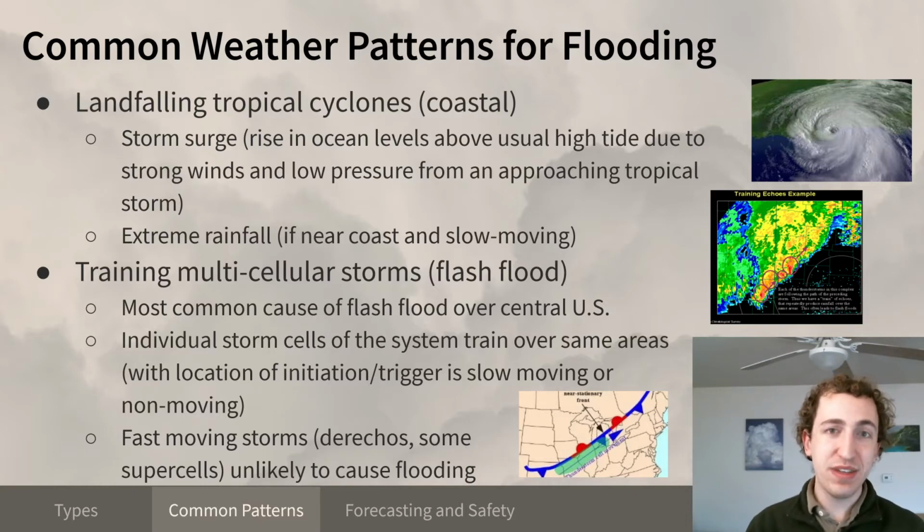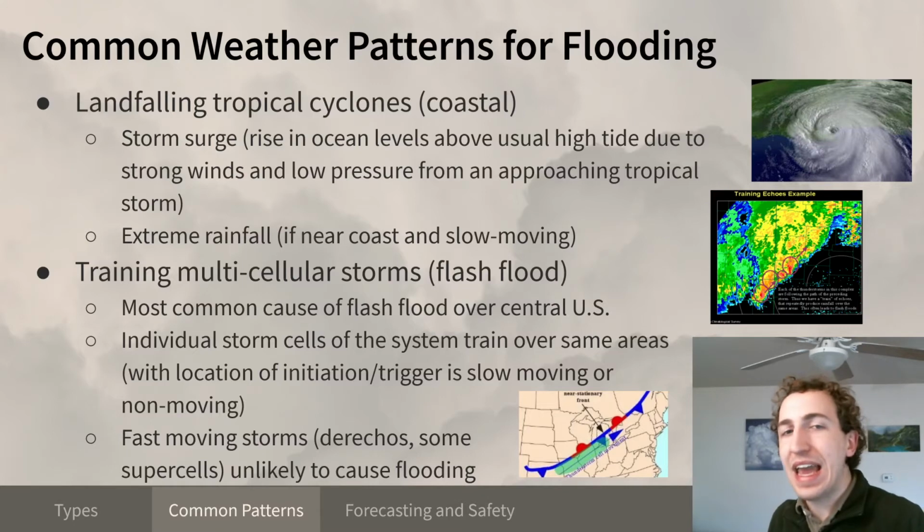When the thunderstorm systems are moving quickly, so a derecho is our example of that, and a lot of supercells tend to move quickly, it's a lot less likely to cause flooding or flash flooding in this fashion, because there just isn't enough time over particular locations for these systems to dump all of that rainfall.